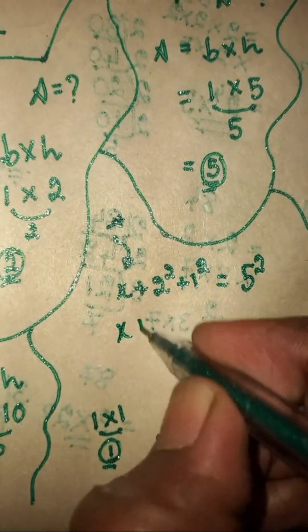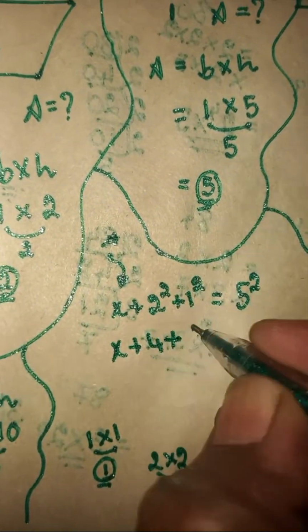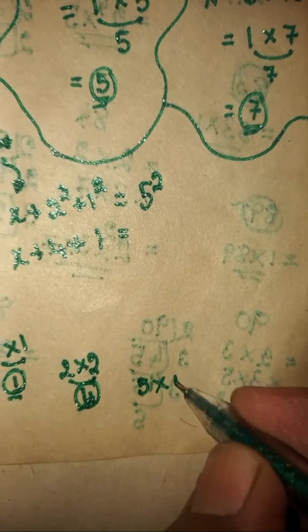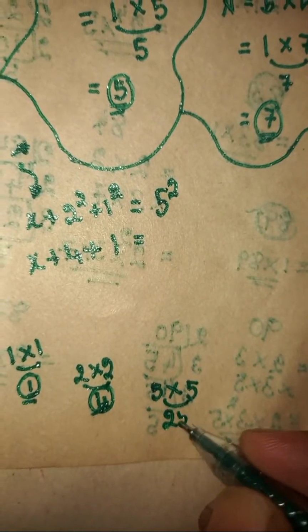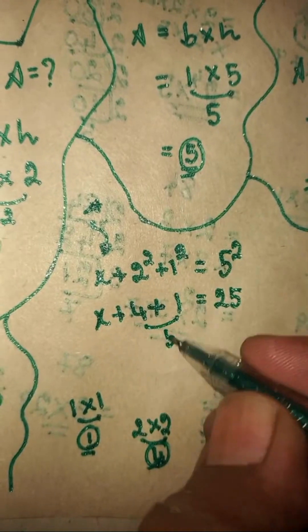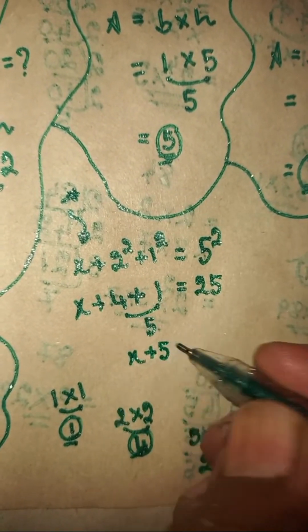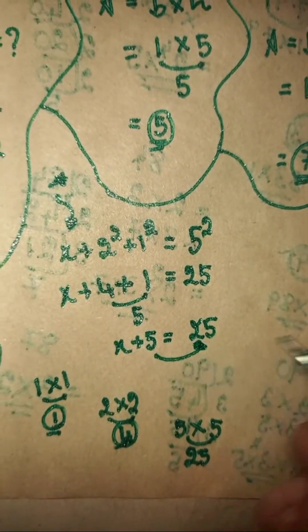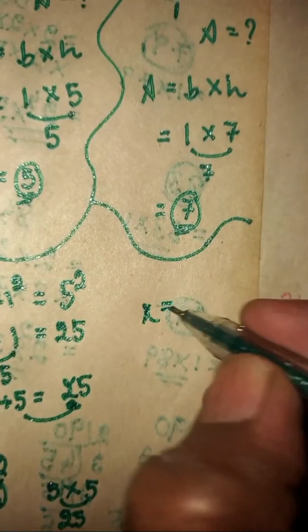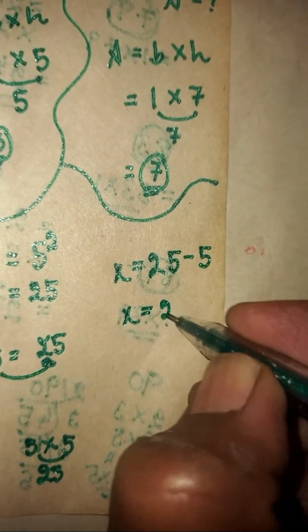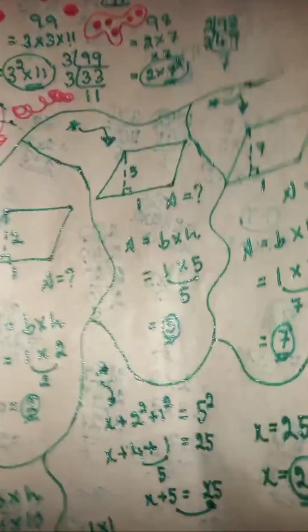So this becomes x plus 4 plus 1 equal to this one 5 square, which is 5 times of 5, which is 25. 4 plus 1 is 5. So x plus 5 equal to 25. Send this 5 this side, it becomes minus 5. So x equal to 25 minus 5. x equal to 20.